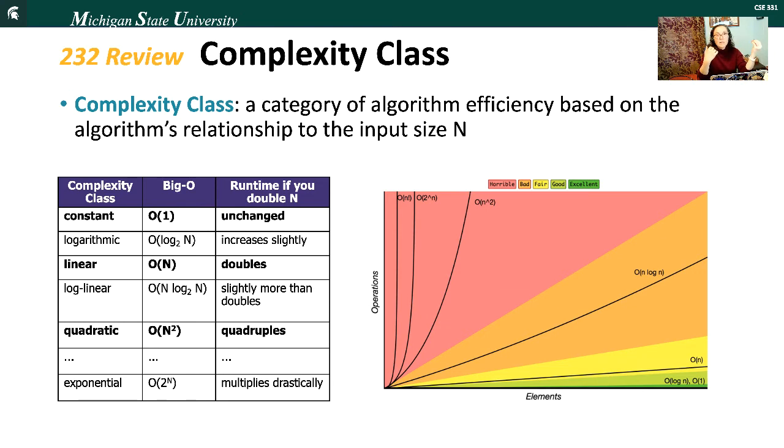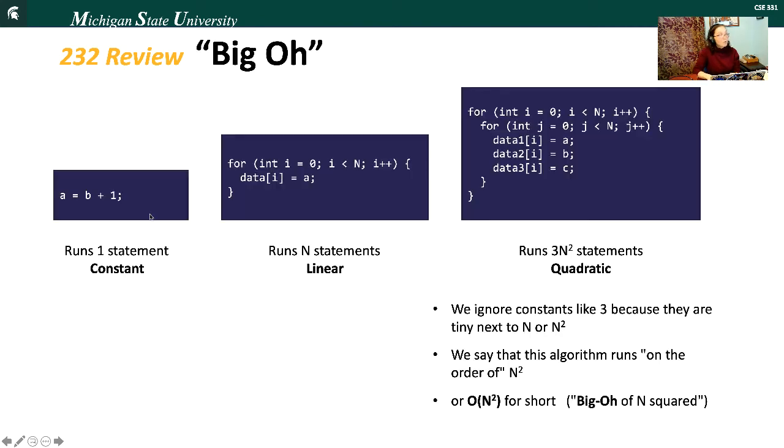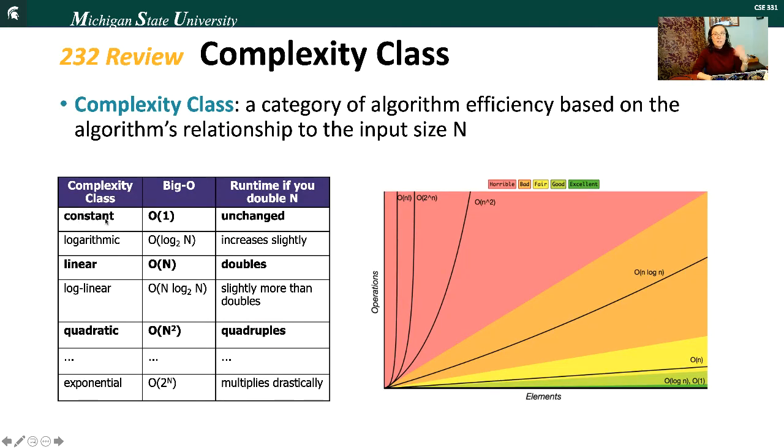To be exact, in this case, we are using the big O notation. So for the constant that I showed you as an example, A is assigned to B plus 1, that is considered constant. Even if you increase the data size, it doesn't depend on the size of the input. The runtime for that statement is never going to change. That's considered to be constant. We refer to it as big O of 1.